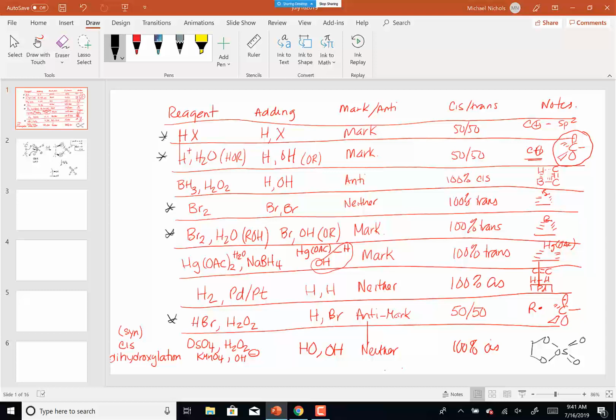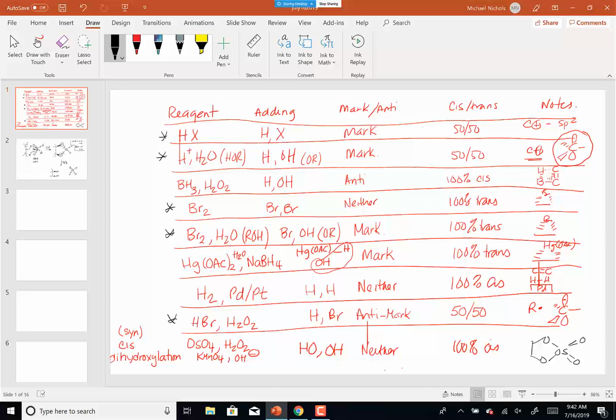The other ones, I've shown you the mechanisms, so if you're learning, memorizing, whatever you want to call it, that each one of those intermediates that it goes through in the mechanism tells you, is it Markovnikov, is it 100% cis or trans? So that's why I'm showing you those intermediates.